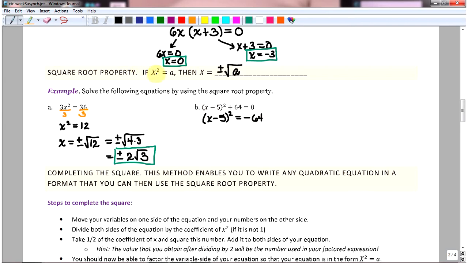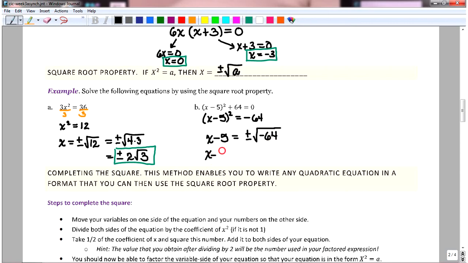Now I'm ready to apply the square root property. I'm just going to be left with my x, in this case x minus 5. You're just getting rid of the square. And that's going to equal plus or minus the square root of whatever's on the right side of the equation, which is negative 64.